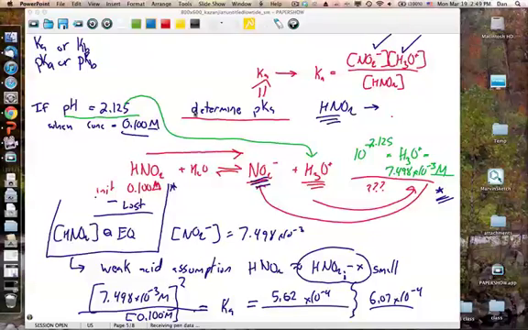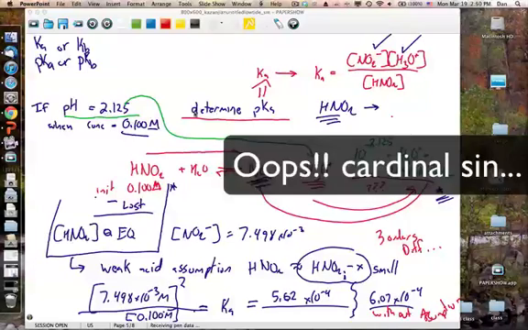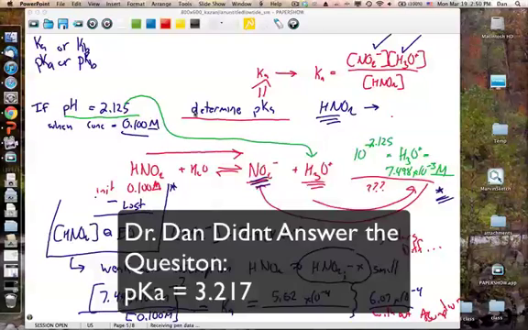So we get very comparable values without the assumption. You can use the weak acid assumption as long as you're dealing with about 3 orders of magnitude difference, thereabouts. It gets a little more iffy when they get closer, and this one is right on the borderline. That's a typical problem.